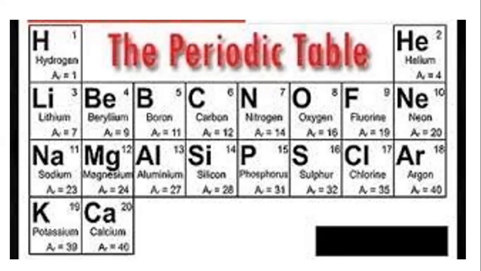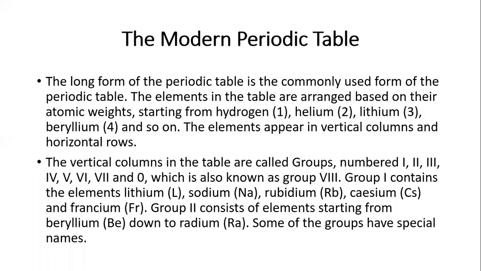The first one is hydrogen, second one is helium, third one is lithium, fourth one is beryllium, fifth one is boron, sixth one is carbon, seventh one is nitrogen, eighth one is oxygen, ninth one is fluorine, 10th one is neon, 11th one is sodium, 12th one is magnesium, 13th one is aluminium, 14th one is silicon, 15th is phosphorus, 16th is sulfur, 17th is chlorine, 18th is argon, 19th is potassium, and the last one, the 20th one, is calcium.